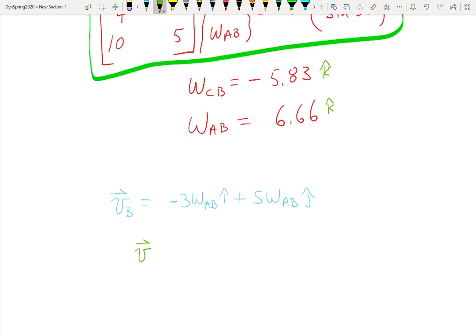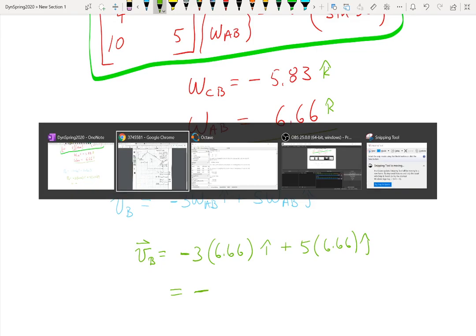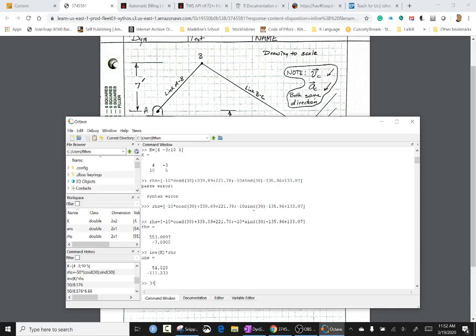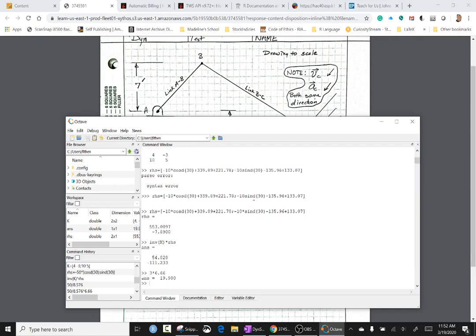The velocity of B would be equal to minus 3 times 6.66 I plus 5 times 6.66 J to be minus 19.98.